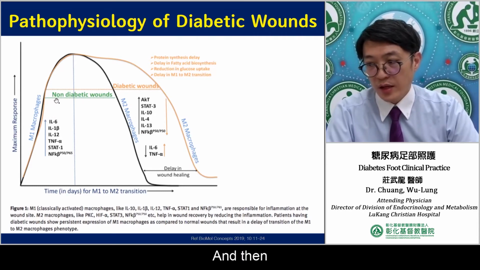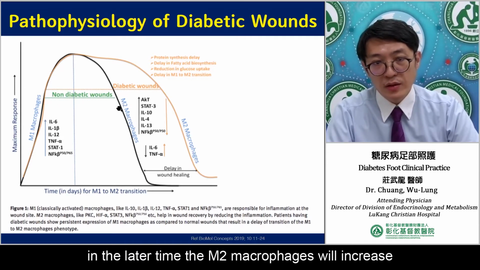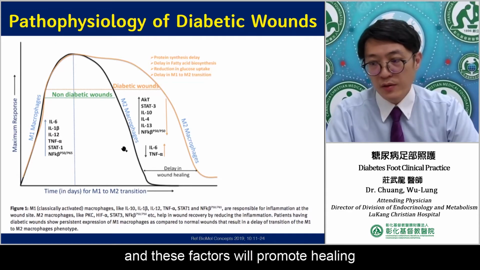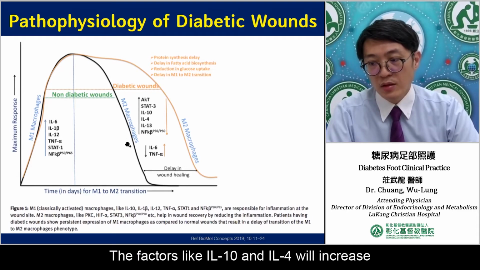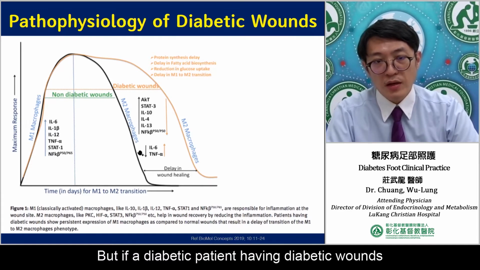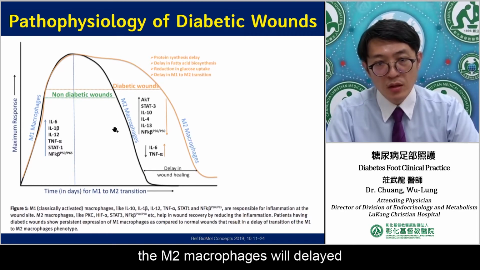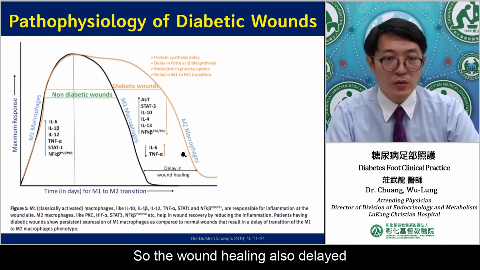Then, at a later time, the M2 macrophages will increase, and this phase promotes healing, with factors like interleukin-10 and interleukin-4 increasing. But if a diabetic patient has diabetic wounds, this phase is delayed. The M2 macrophage response is delayed, so wound healing is also delayed.